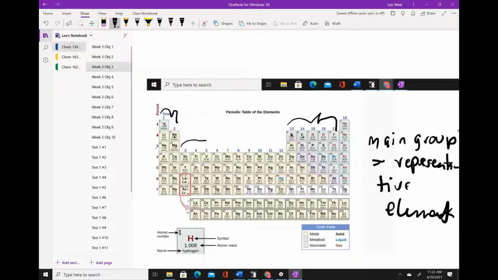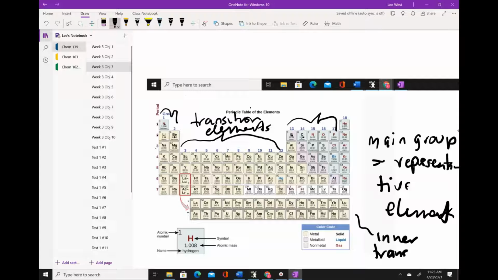These elements in the middle here, in the B groups, these are called the transition elements. And then these ones over here are called the inner transition elements.